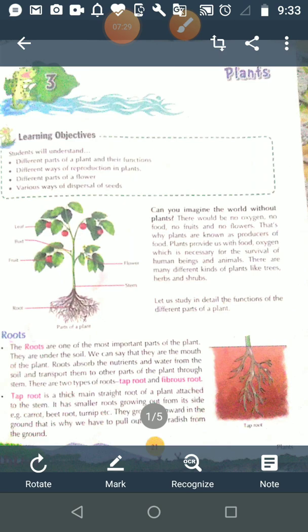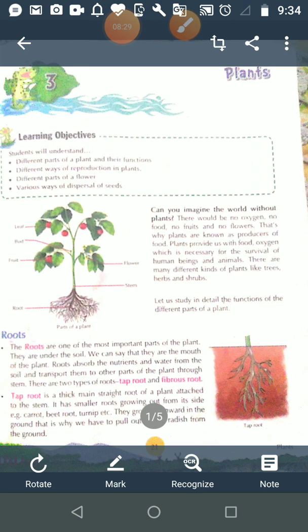We also say that roots are known as the mouth of the plant, because root is the part which is below the ground, and one of the functions, which I will also discuss when I discuss functions of root, root absorbs nutrients and water from the soil and transports them to other parts of the plant through the stem, because root is attached to the stem and roots are in the soil.